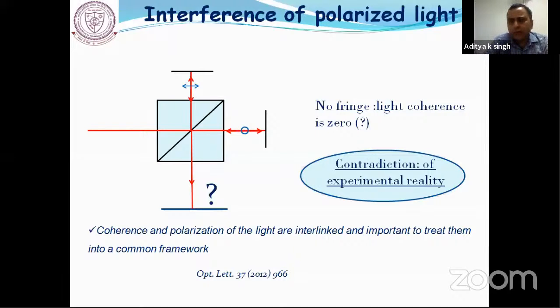Based on this, we have recently developed a technique called Stokes holography, where we utilize the interference of polarized light and measure the different Stokes parameters. You can encode information and then reconstruct it. But encoding is a little bit challenging, because either you need a material which records all the Stokes parameters, or you need some other process.